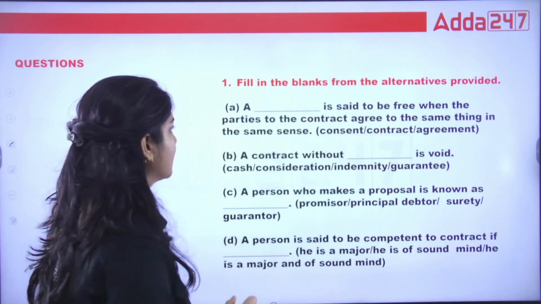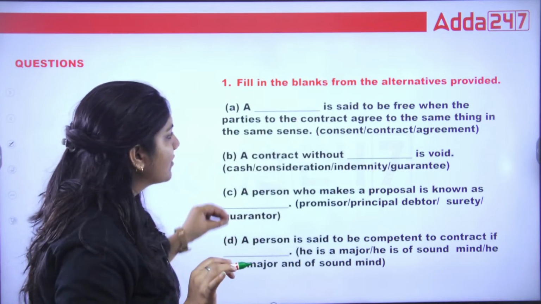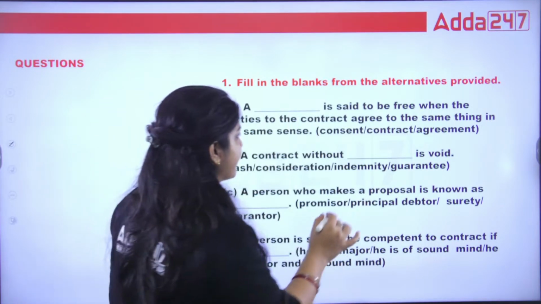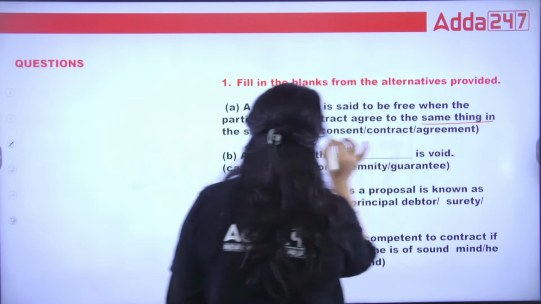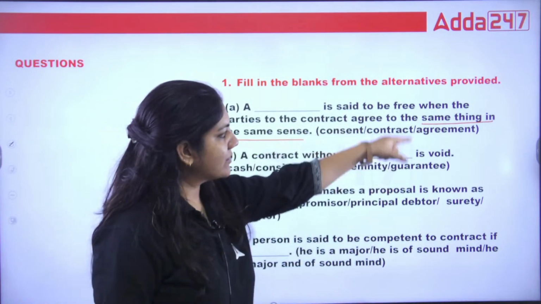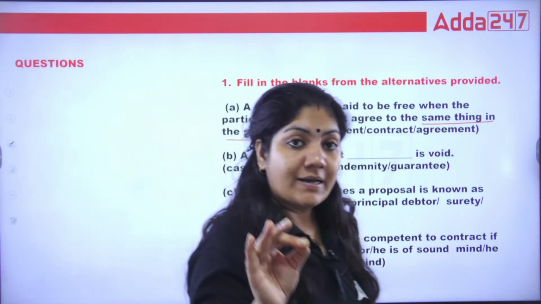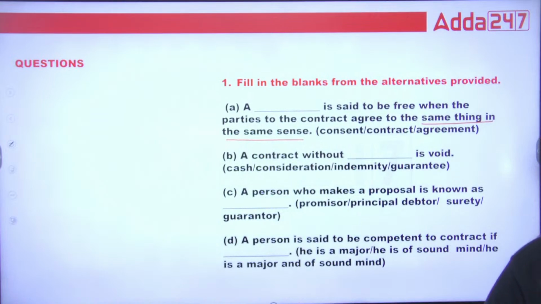Now you have to solve the question. A dash is said to be free when the parties to the contract agree to the same thing in the same sense. Whether it is consent, contract, or agreement, tell me class. Every part is important, guys.